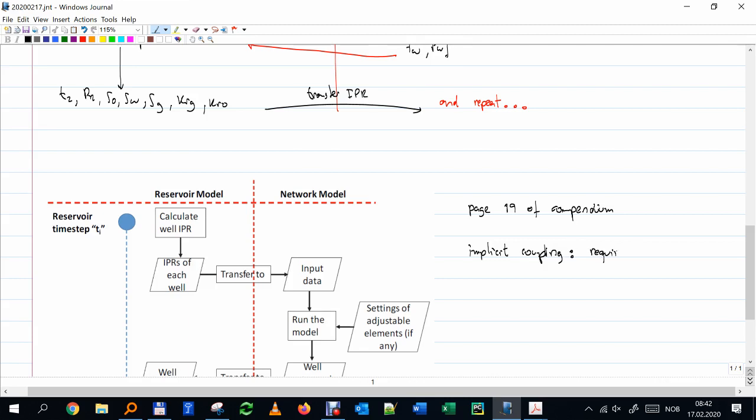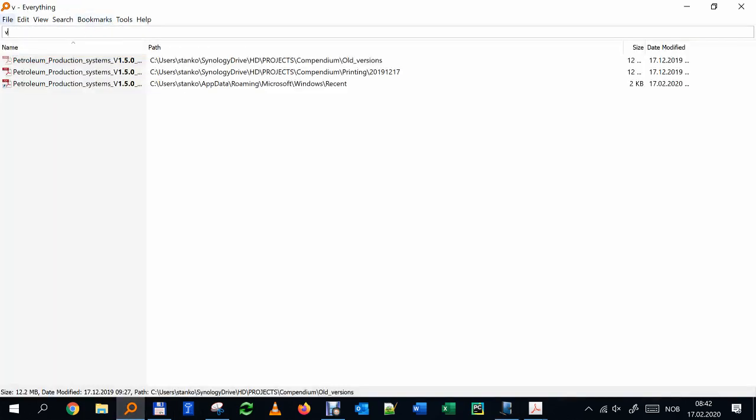Requires either, so some approaches people have done to make implicit coupling, solving all equations simultaneously. I think maybe I have an example.